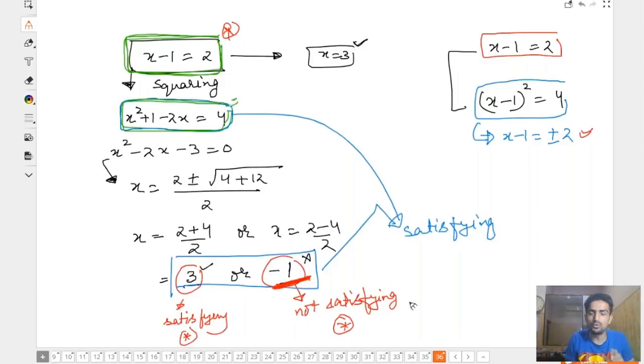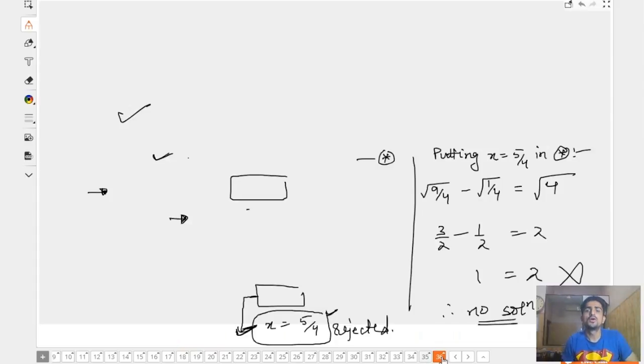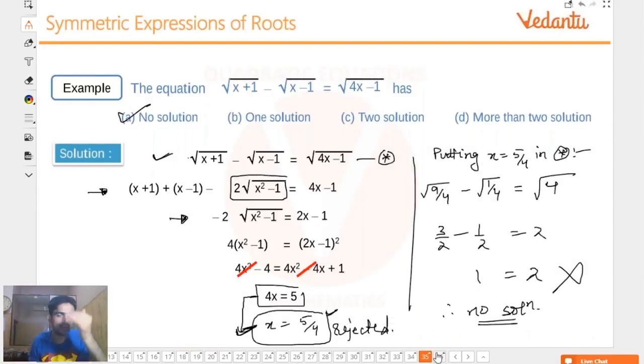So just let me conclude the statement here. Whenever while solving an equation we do squaring, I will not say always, but we might land up having some extra solutions.